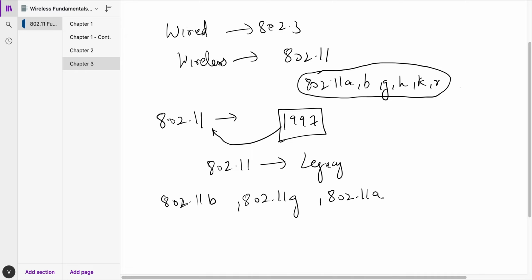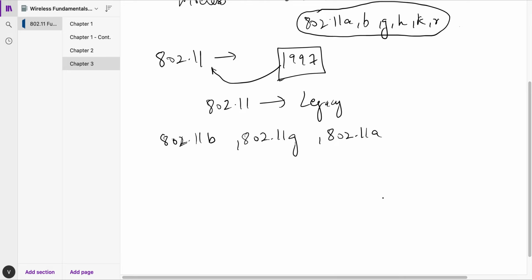Okay, so we'll discuss these standards one by one. It's going to be interesting because now is when we are actually starting the real Wi-Fi discussions and discussing the different standards there are in the Wi-Fi world.